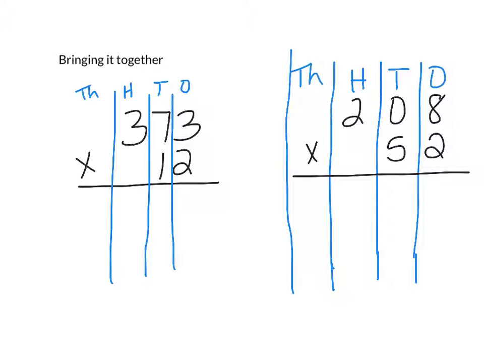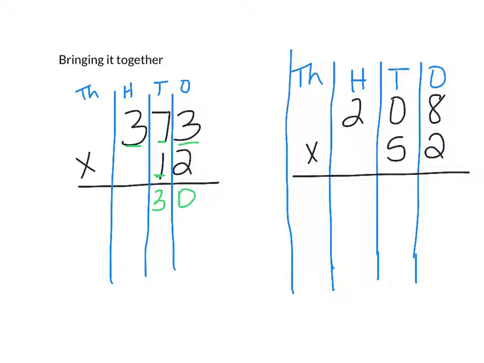So let's start with 373 times 12. And I'm going to start by multiplying the 10 in 12 by 373. So we have 10 times 3, which is 30. And I know to put the 3 in the tens column because it's 30, not 3.